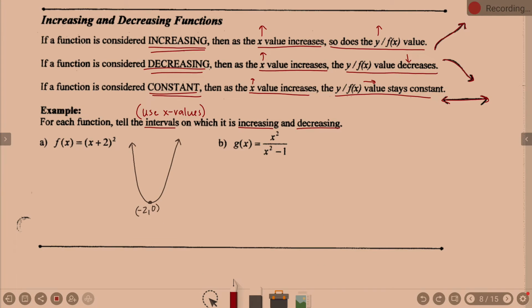Now, I always start on the left-hand side of my graphs. As I start tracing that parabola on the left side, what's the first thing I'm going to do? Am I increasing, decreasing, or constant? I'm decreasing, yes? My graph is moving down. How far do I decrease?